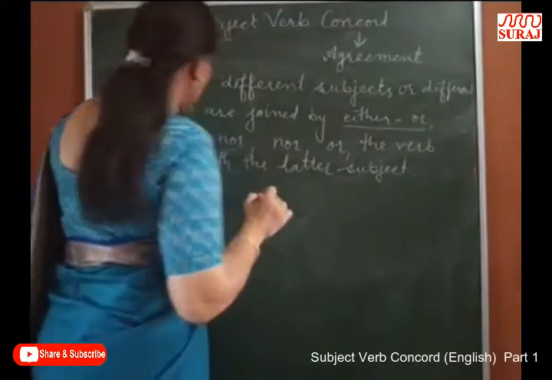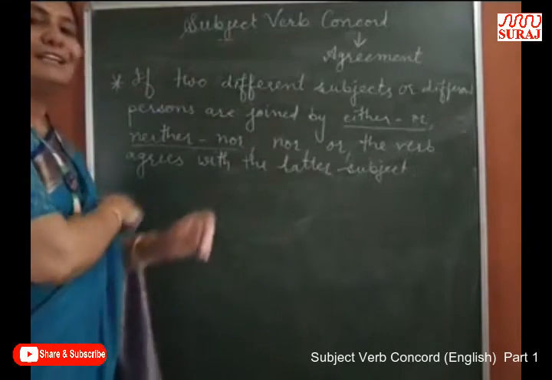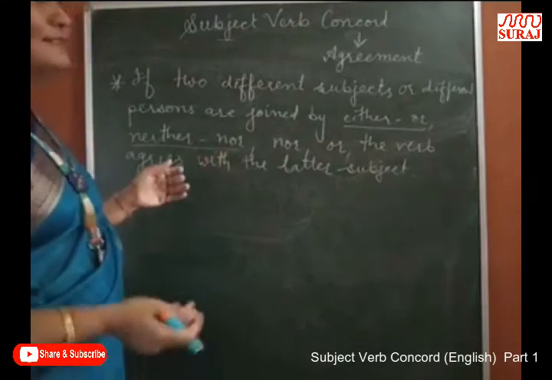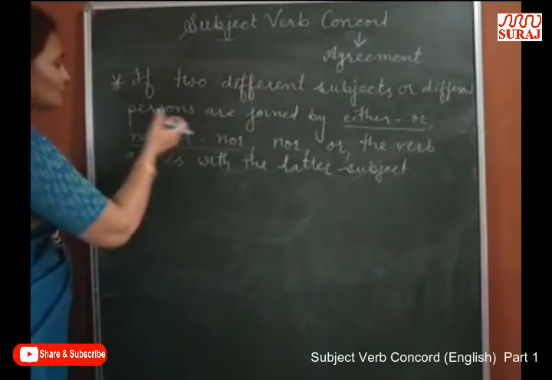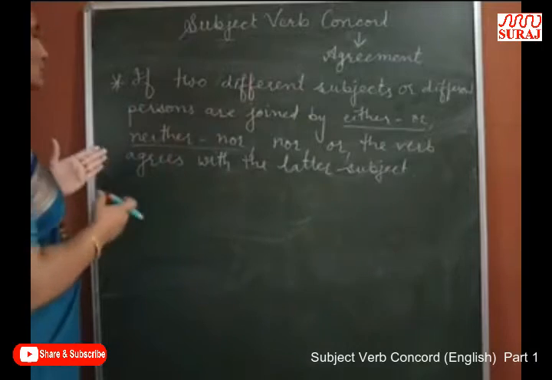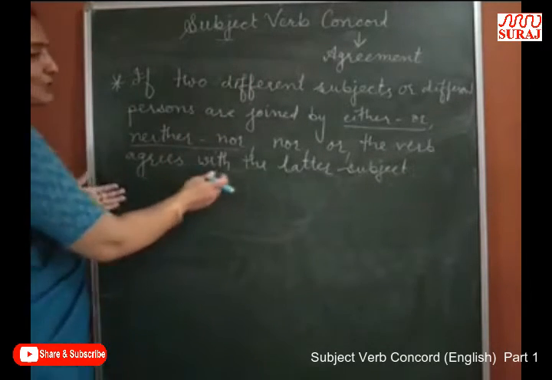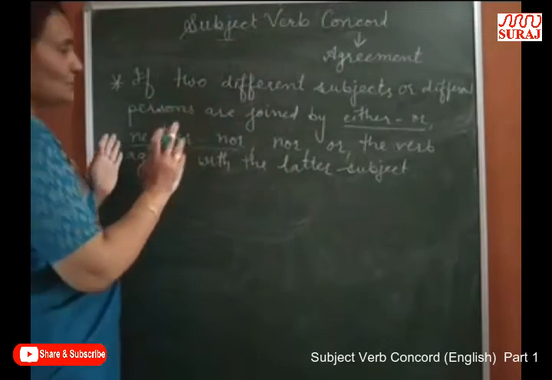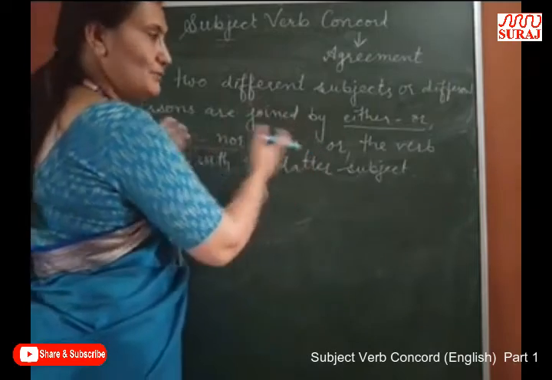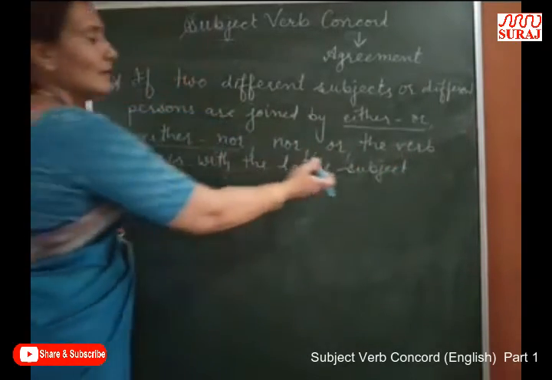Either or, neither nor, not only but also, both and: these are correlative conjunctions which appear in pairs. The verb agrees with the later subject. It means you will find two subjects, first and second, former and later. So the verb agrees with the later subject.